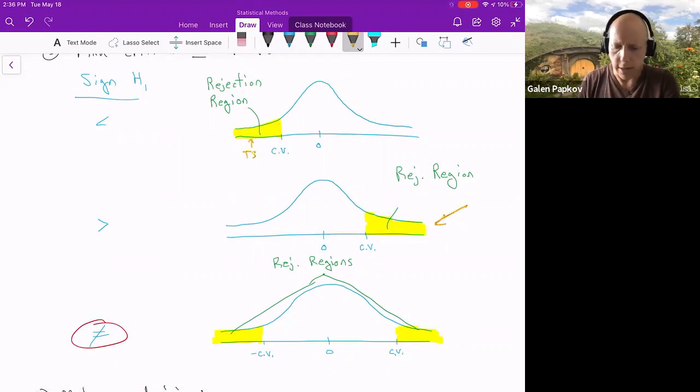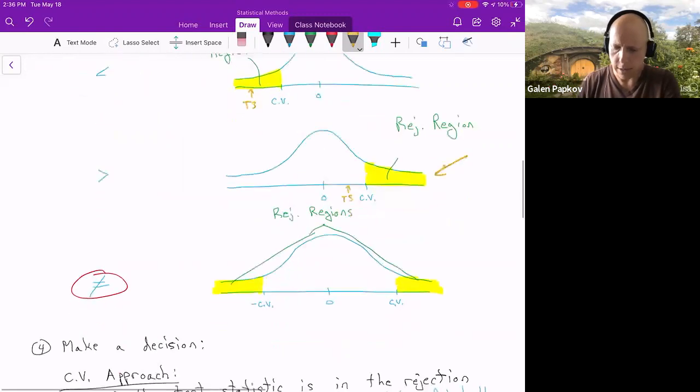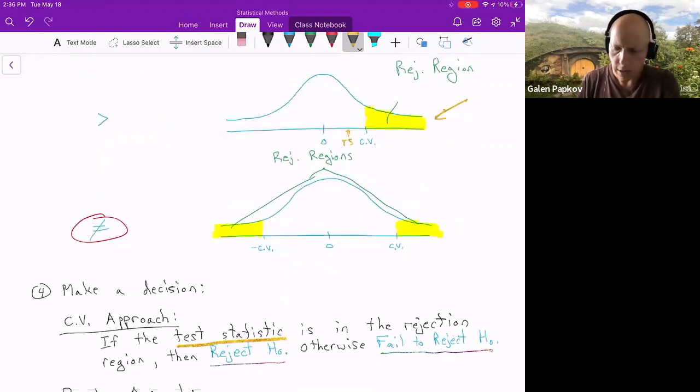If it was a right-tailed test and our test statistic was here in that second diagram, we would fail to reject the null hypothesis. And likewise, if we had a test statistic there, what do you think we would do in that third case where you have a two-tailed test?